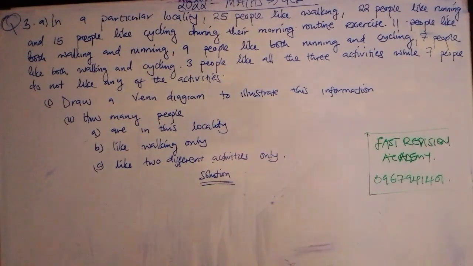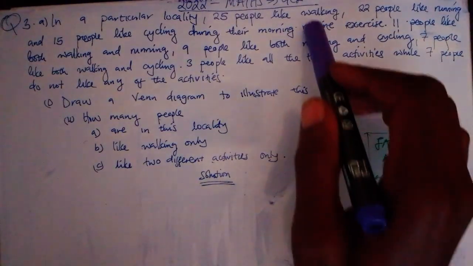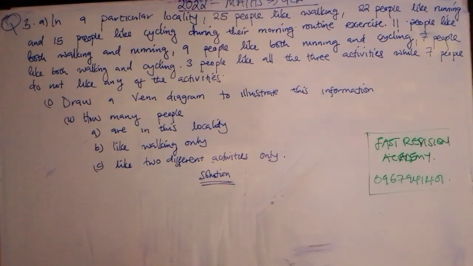So what is our first step? Our first step is to write or simplify the information you have been given. Start with the last one, going up. Don't start with the top. Start with the last one.